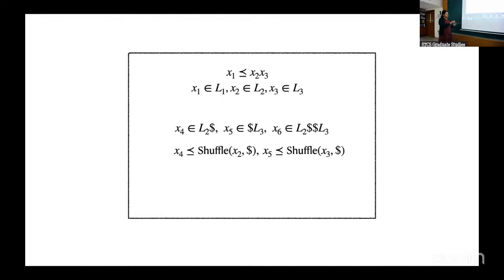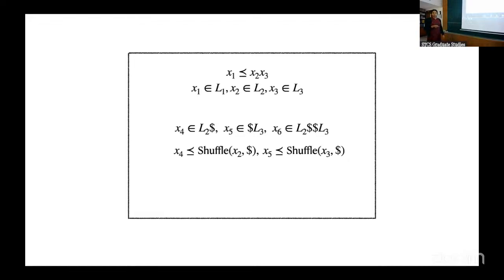But because of this particular membership constraint, that dollar should go in the end only, because x4 has to satisfy the shuffle. There's only one particular way of shuffling which is going to satisfy this, and then x4 is going to be from this L2 dollar, so that particular word itself can be that without losing anything.